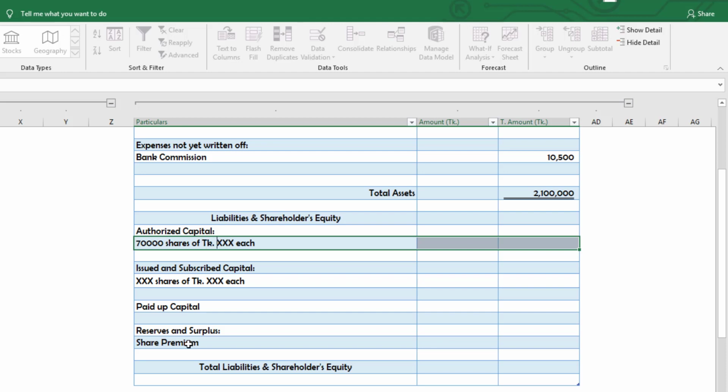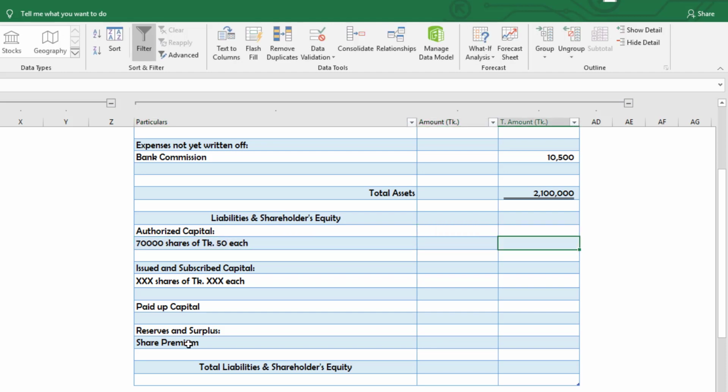This would be 35 lakh. Authorized capital must be closed. It is just shown in the statement. It has no activities in the statement.